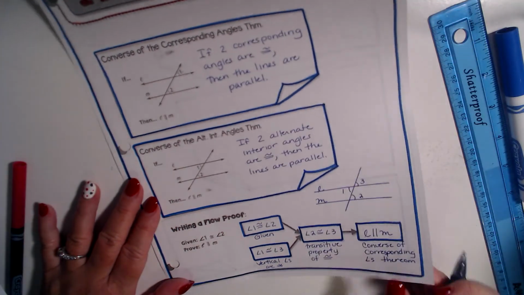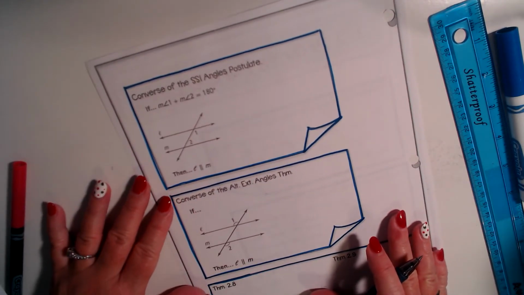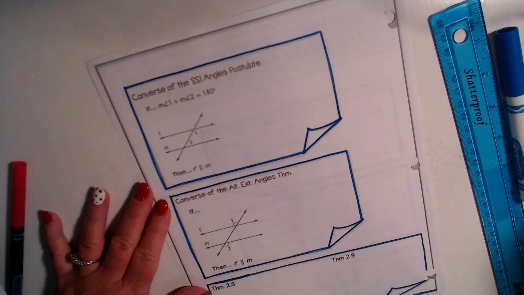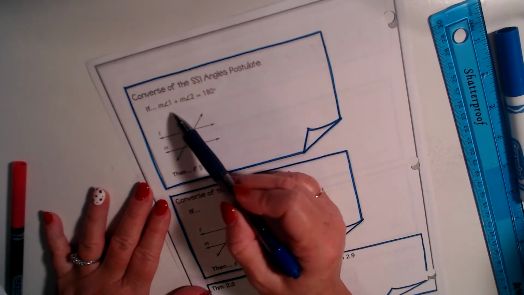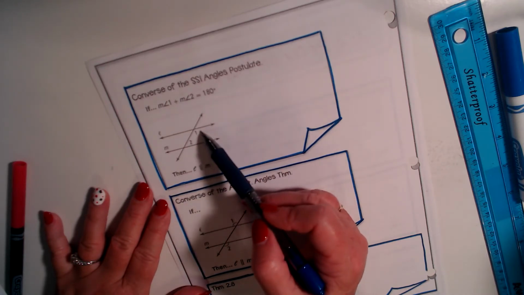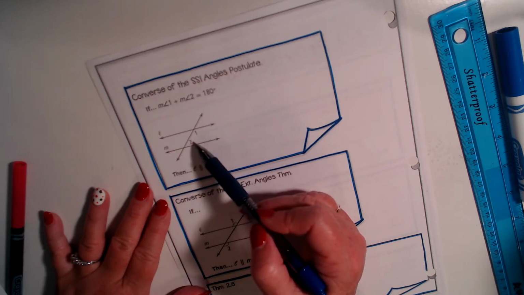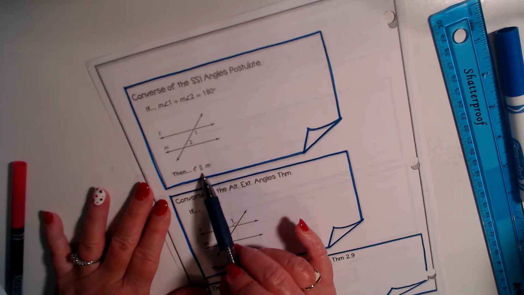All right, go ahead and flip this over. We've got two more converses here, very similar to the ones on the other side. These two are not congruent. It says if the measure of angle 1 plus measure of angle 2 equals 180, so if those are supplementary and they are same side interior angles, then the two lines are parallel.